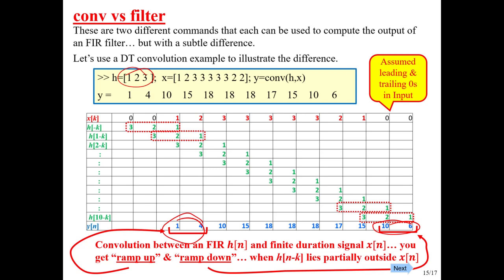That's why things are not quite correct. I don't have the right values here. This should be 1, 2, 3, 3, 3, 3, 3, 2, and 2, not 2 and 1. That's why I get a 6 here.